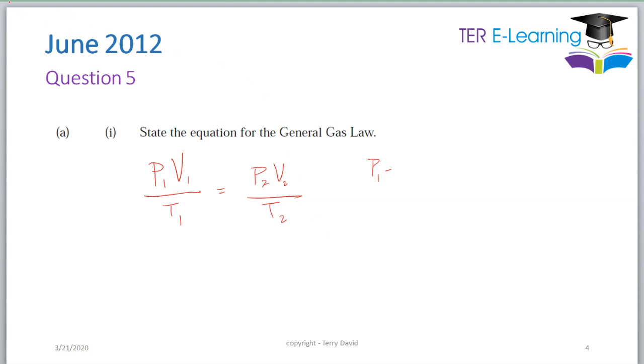Okay, so like I said, you need to state what each of these terms mean. So P1 is my initial pressure, P2 is my final pressure. V1 is initial volume.